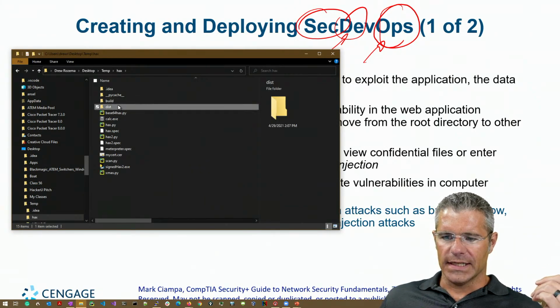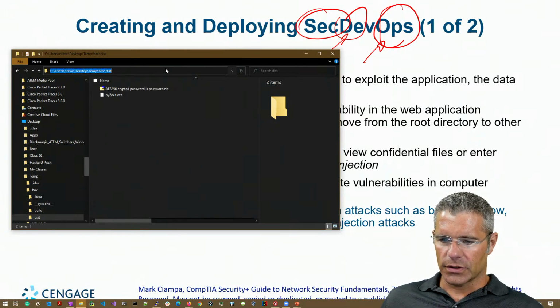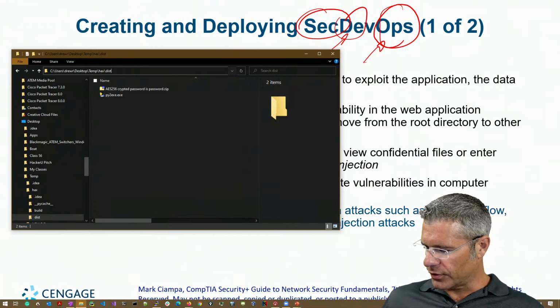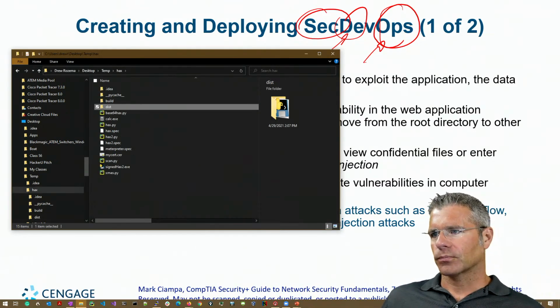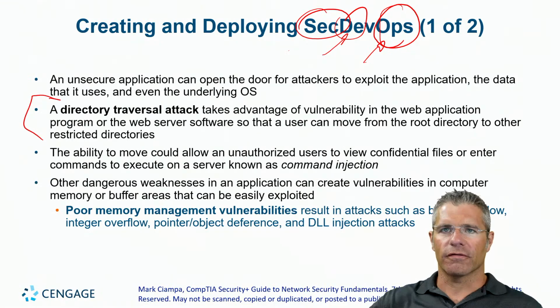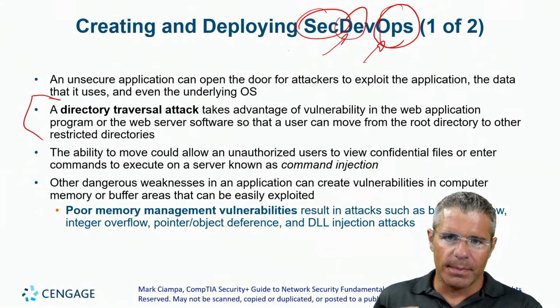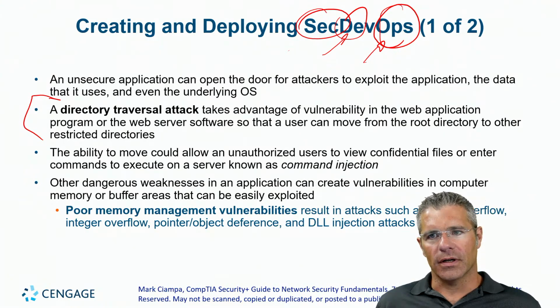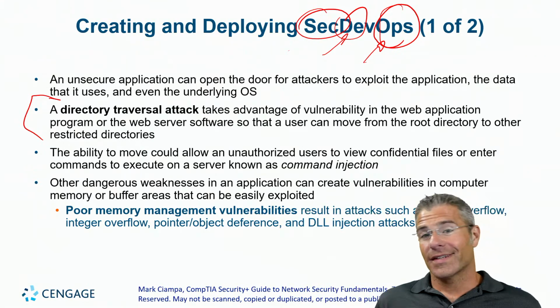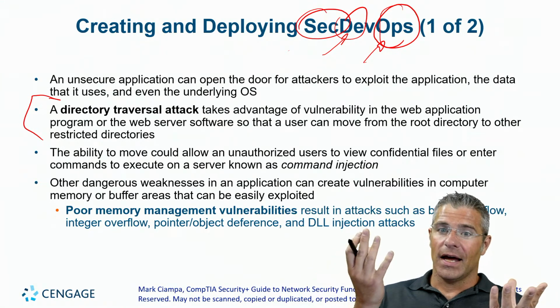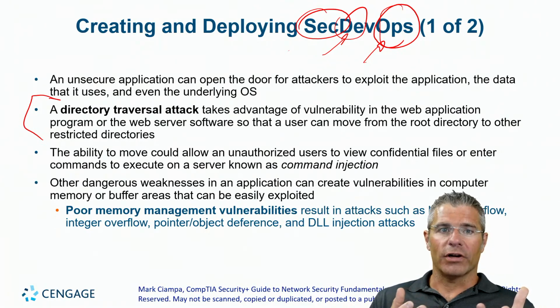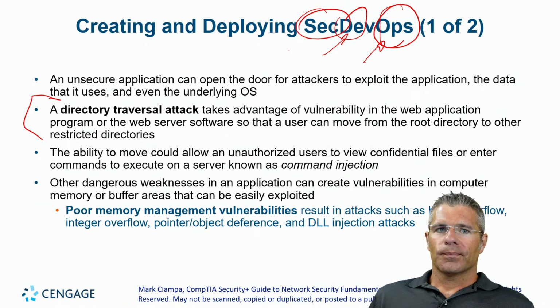Or if I'm in the dist directory and I go into the .. directory, I will go back up to the hacks directory. Sometimes that's called directory traversal, and depending on how an application is built, it's occasionally an avenue for attack, a directory traversal attack. So it's a security thing that involves the application itself and the operational side of the computer.